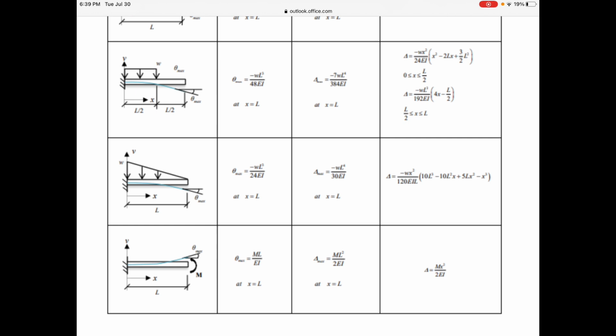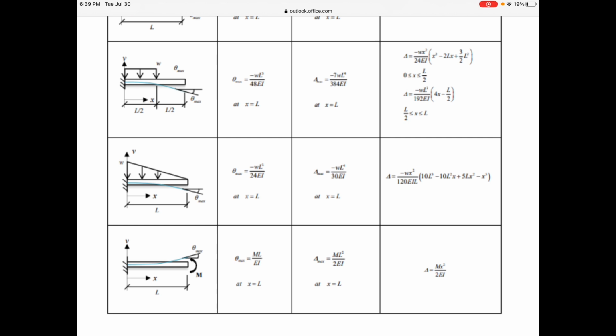Okay, so what else can be helpful to us when we are calculating deflections? Well, another aspect is how we handle section properties.